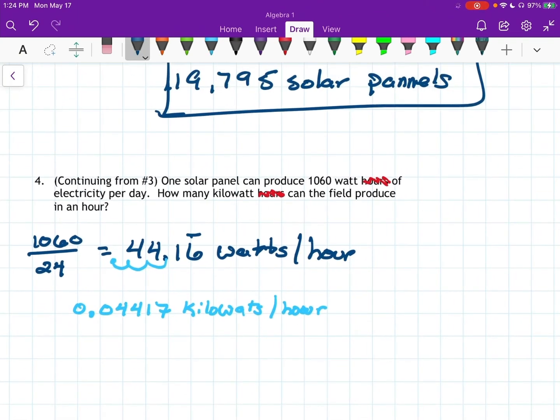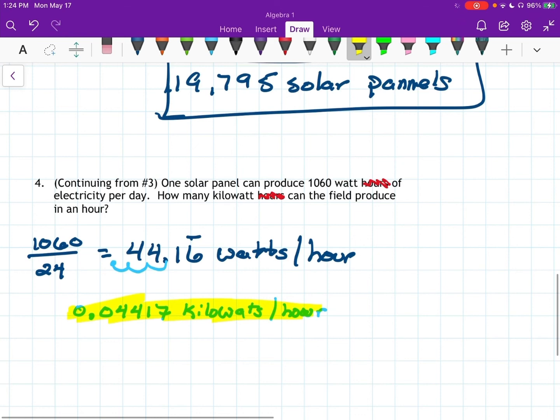Now, this here, just to remind us what we're doing, that's how many kilowatts a solar panel produces in 1 hour. So we need to multiply by the number of solar panels that we have.